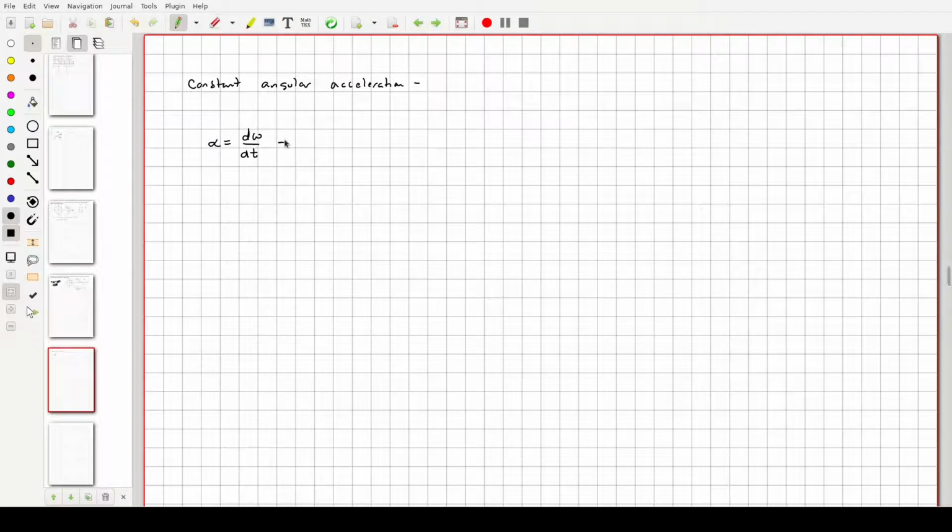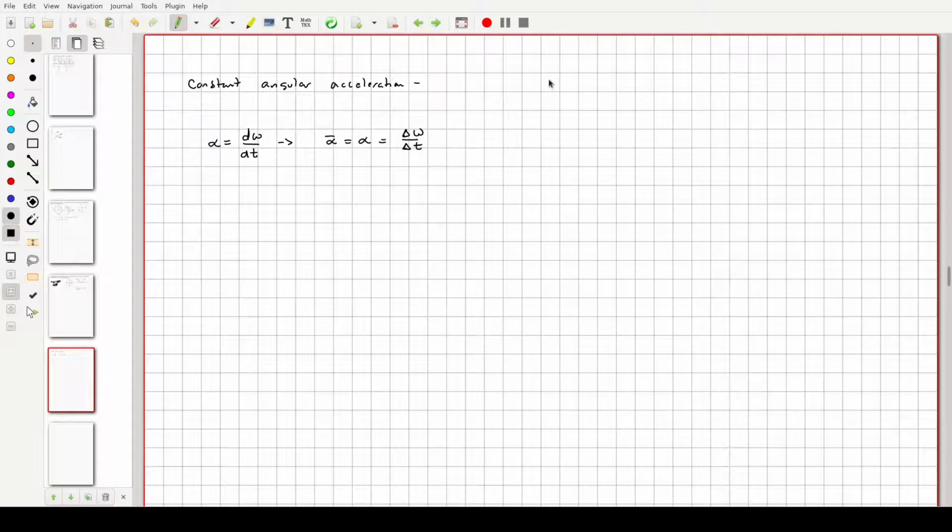So long story short, we know that the average acceleration would be equal to the instantaneous acceleration since it's a constant, which is the same thing as your change in omega over time.